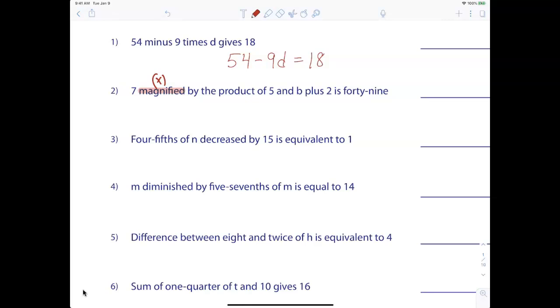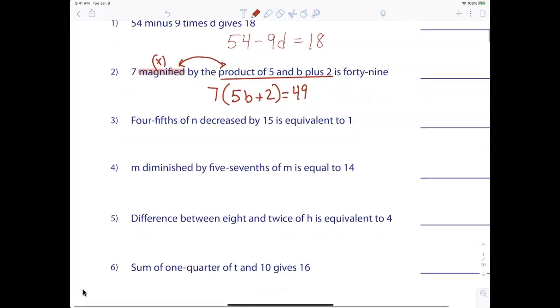You're going to magnify the product of 5 and b plus 2 by 7, so you're going to take 7 and multiply. The way I remember it is that when two operations are stated next to each other, it requires parentheses. So 7 parentheses, the product of 5 and b, which is 5b, plus 2, is equal to 49. That's the answer to number 2.